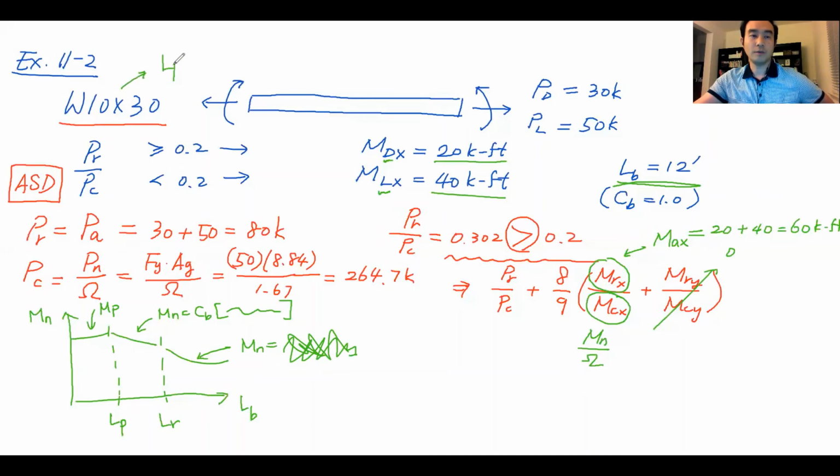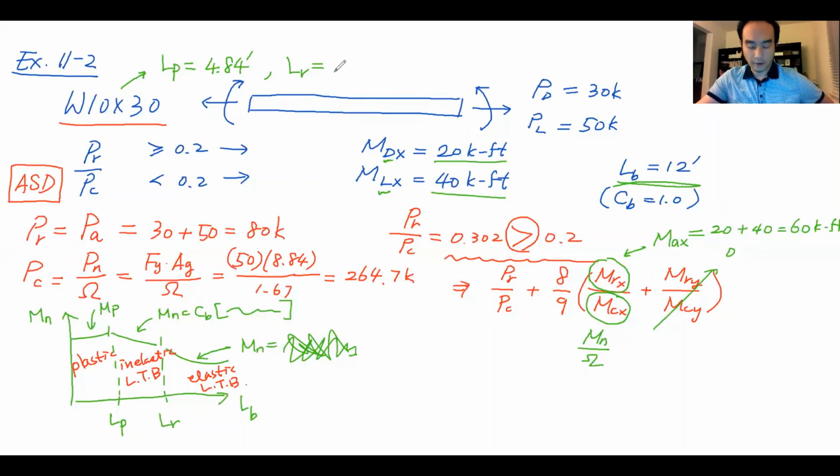So when you look it up, L P for the W10 by 30 section is 4.84 in feet, and L sub R, that's the borderline between, let me just put, inelastic lateral torsional buckling, and here is elastic lateral torsional buckling. This is the plastic region, right?